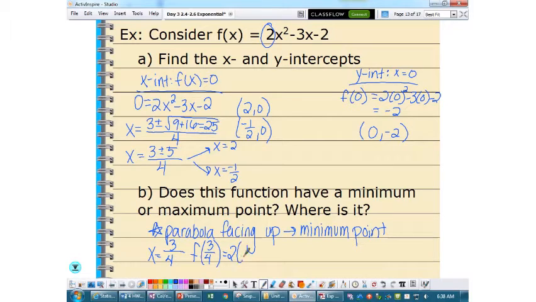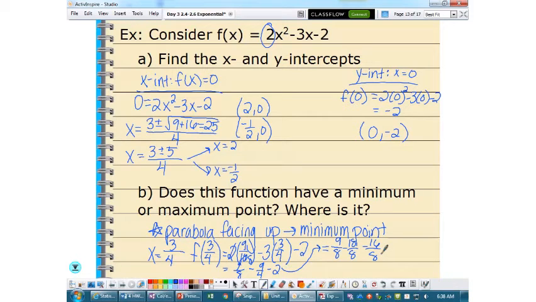Then we're just going to plug in 3/4 into our function. So we get 2 times 9 over 16 minus 3 times 3 over 4 minus 2. If we do some fraction work, we get 9/8 minus 9/4 minus 2, which is equal to 9 over 8 minus 18 over 8 minus 16 over 8.